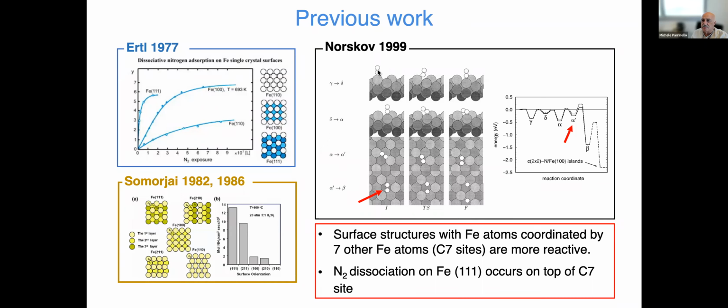This position is called gamma. And then it can go to another position where it's on top of a second layer of iron atoms, or it can lie down. This position is called alpha. Instead of standing up, it lies down.